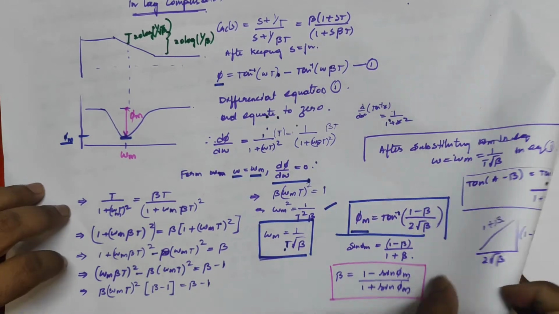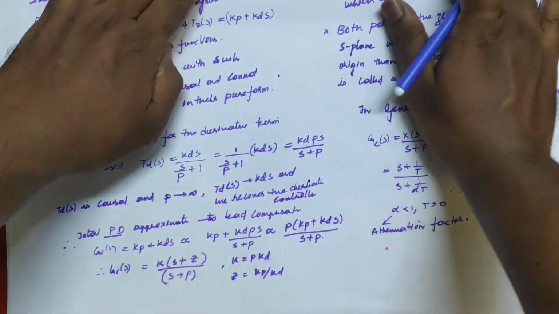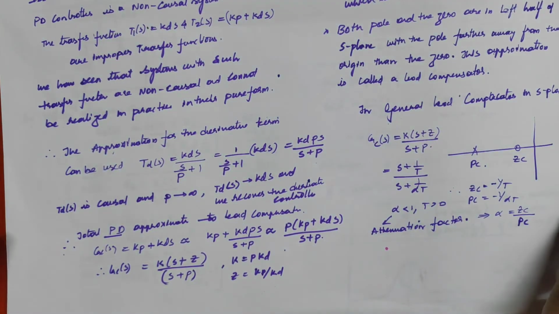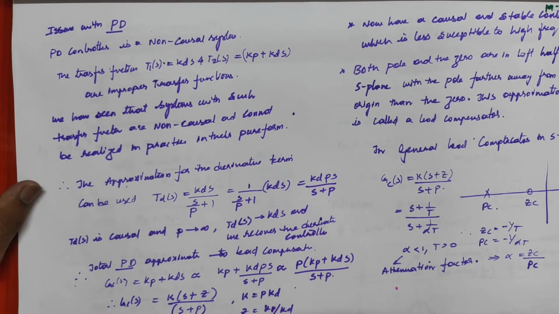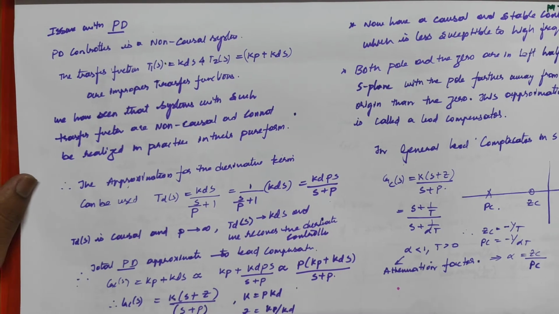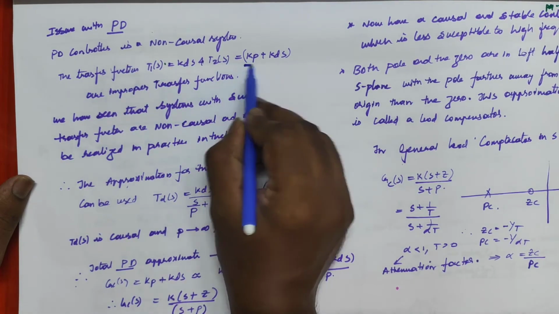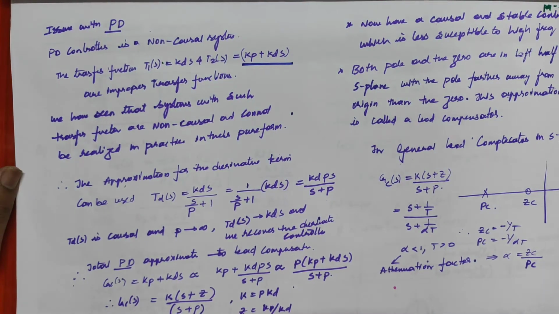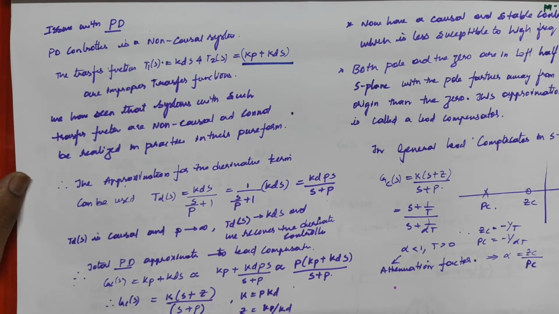Okay, so this is about the lag compensator. Now let us go to why the lead compensator came into the picture. In a similar fashion, what are the issues we face in the PI controller? In the same form, the PD controller has a major problem. In general, PD controller means proportional plus differentiator. This improves the transfer function, improves the damping, and increases the transient response.